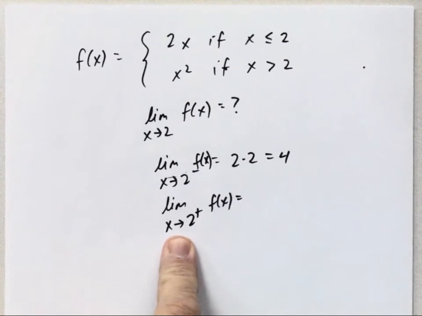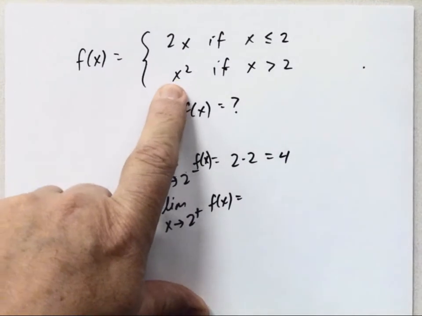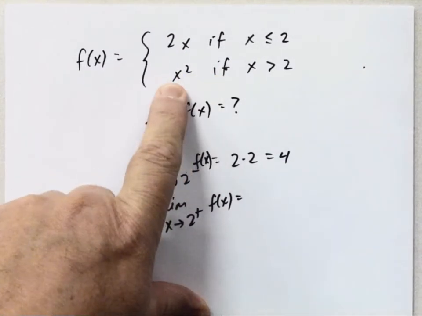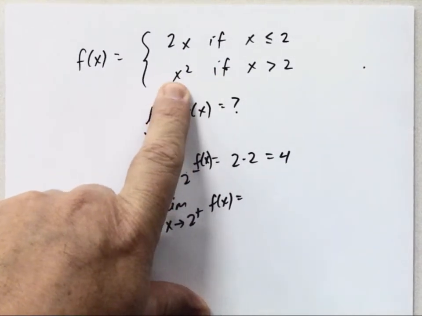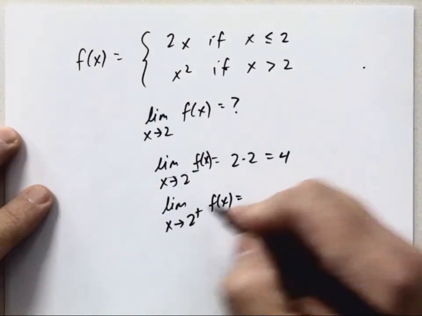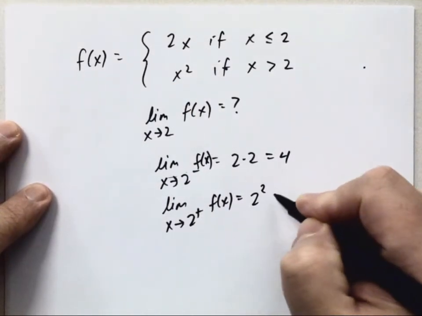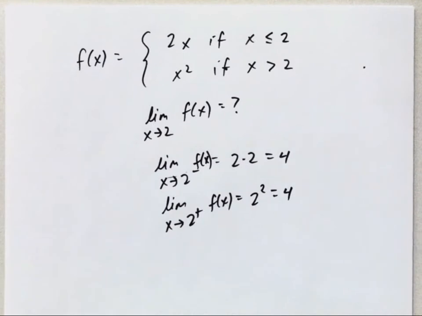Now the limit of the function as we approach 2 from the high side. So now the values of x are greater than 2, so I have to use the second function, x squared. I just plug in my number, 2, for x squared, and I get 4.